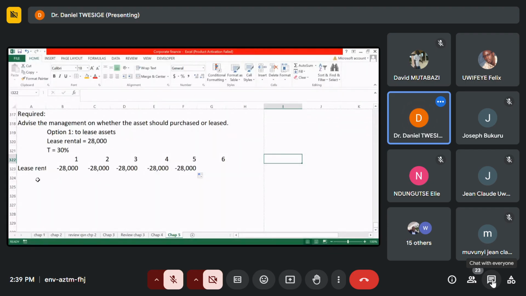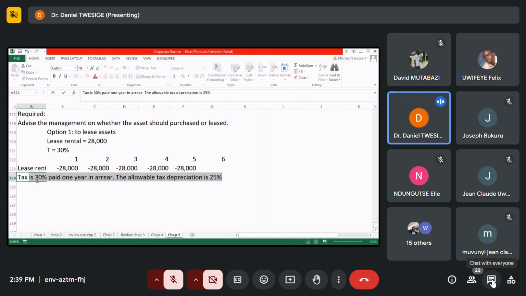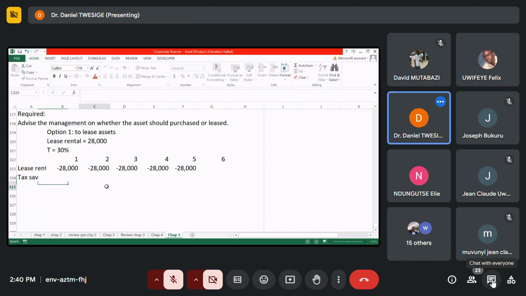Now, we are going to save a tax, our tax saving. And our tax is paid 1 year later. It means the tax of year 1 will be in year 2. So I have this times 30%.